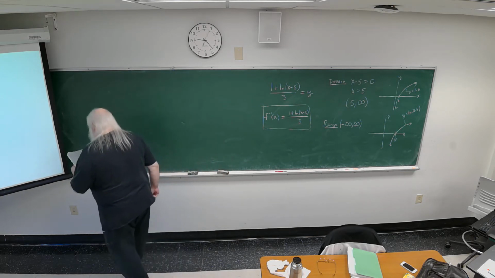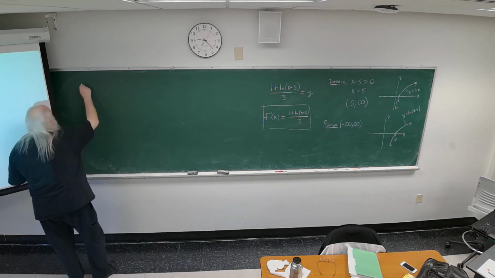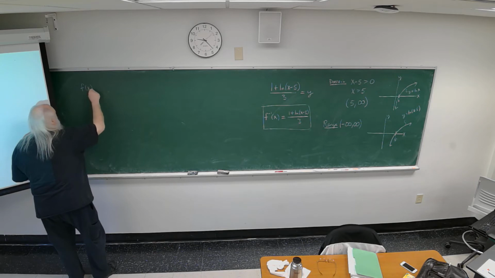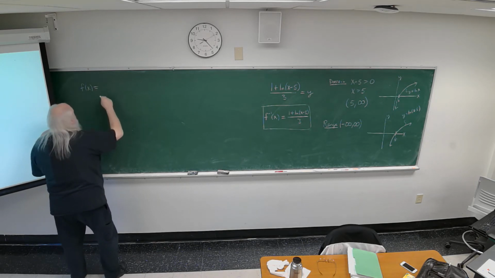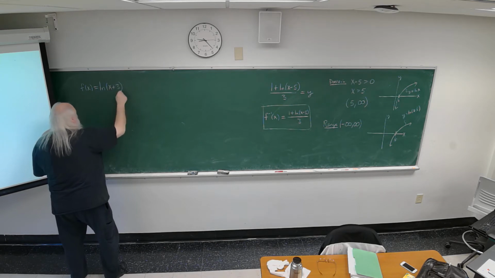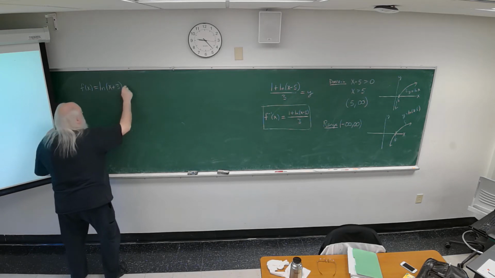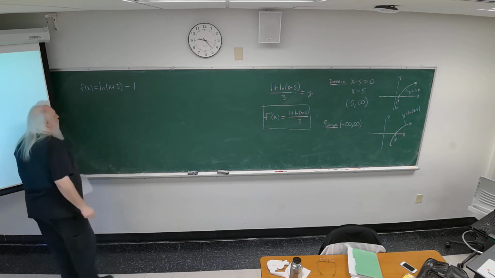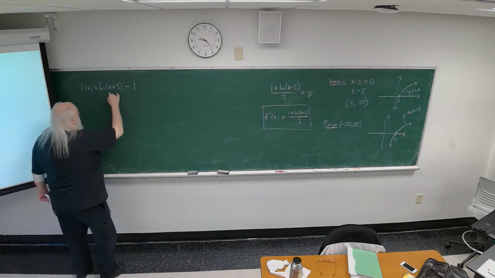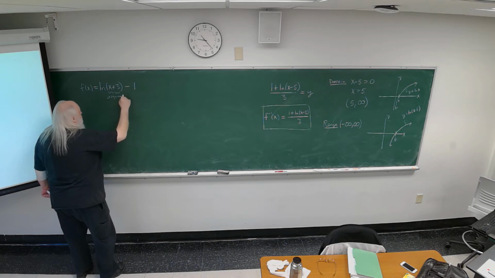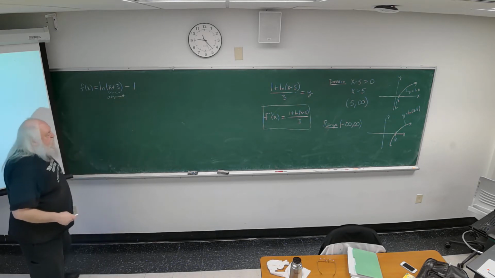All right, in B, we have f of x is equal to the natural log of x plus 3, minus 1. So x plus 3 is the argument going into the natural log function.